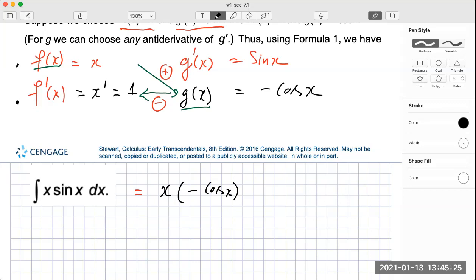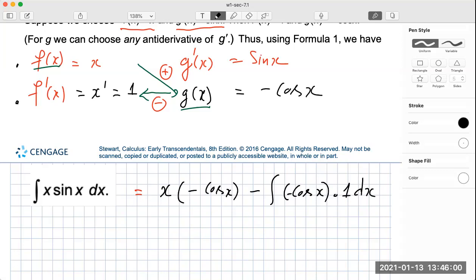And then the negative sign here: subtract the integral of g f prime. g here is negative cosine x, right? f prime here is this guy, which is 1. And we're computing the derivative with respect to the x variable. So the integral of that 1.